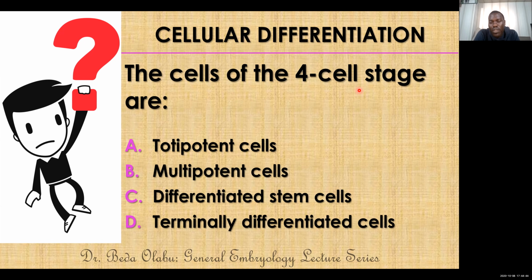They have total potency. A good example of multipotent cells would be hematopoietic stem cells. Hematopoietic stem cells are multipotent because they can give rise to different cell types of blood.